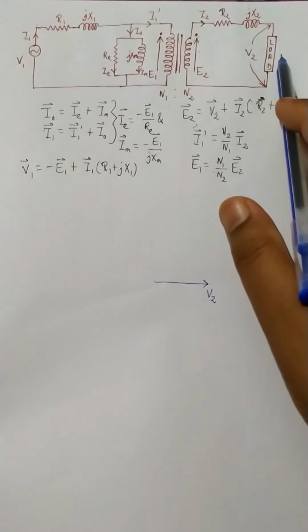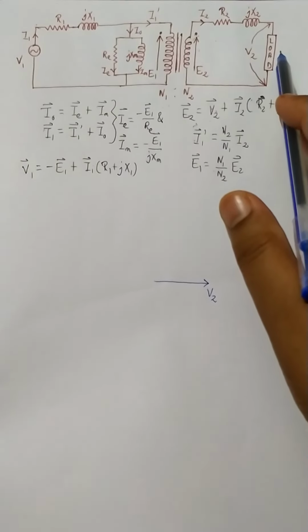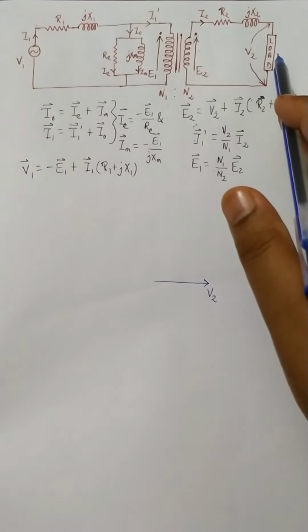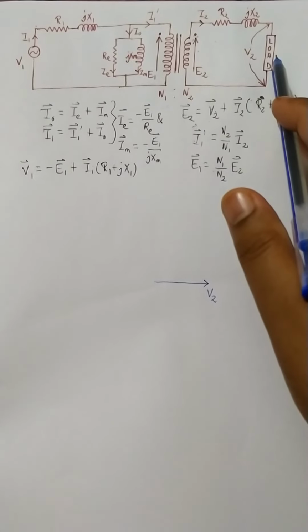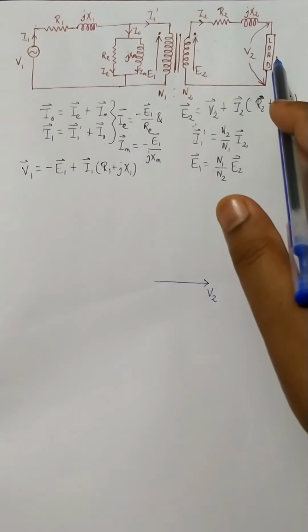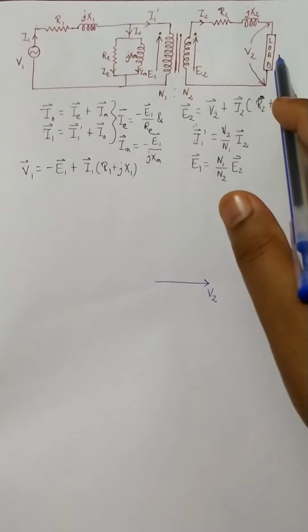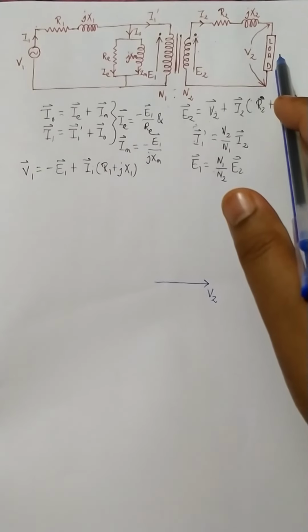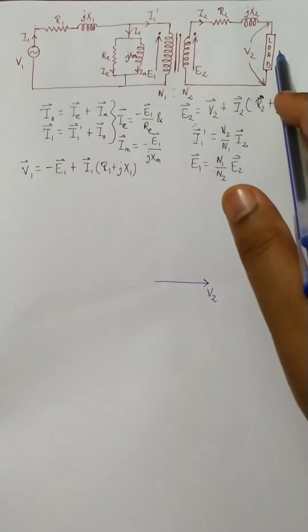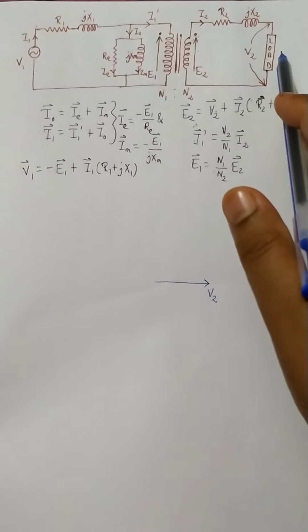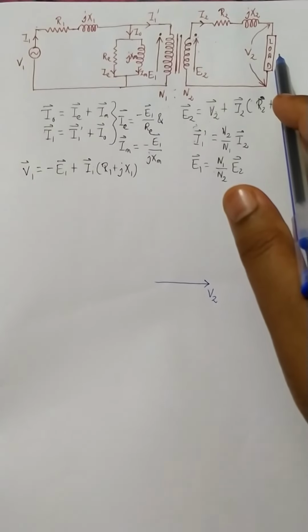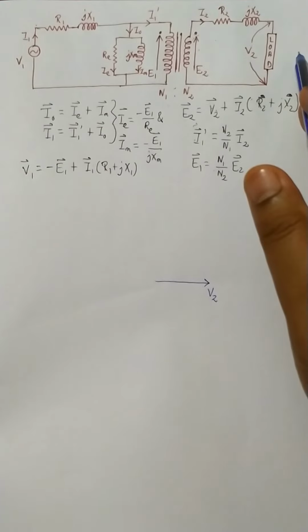What are the different types of load it might be? It might be a resistive load. In that case, V2 and I2 will be in phase. It might be an RL load. In that case, I2 will lag V2 by some angle between 0 and 90 degrees. The load may be an RC load.